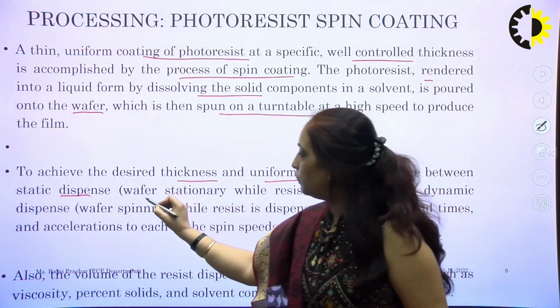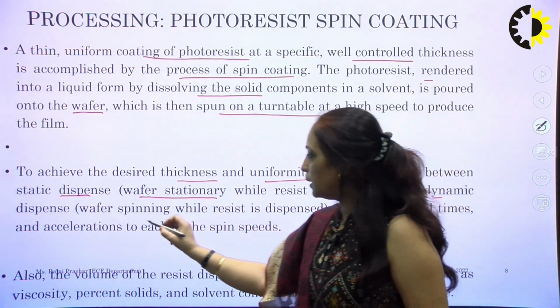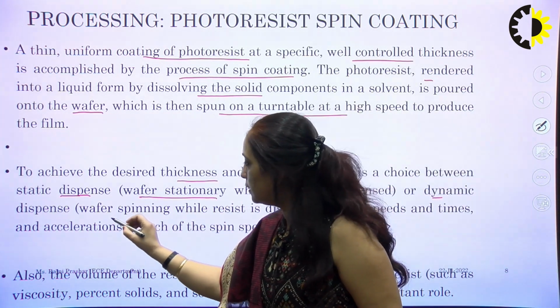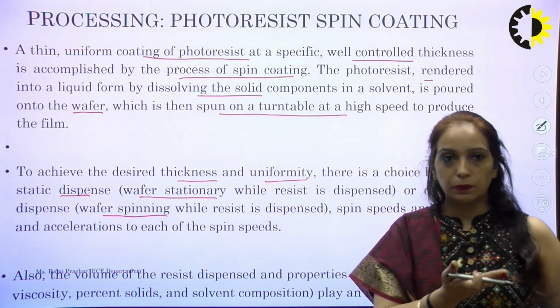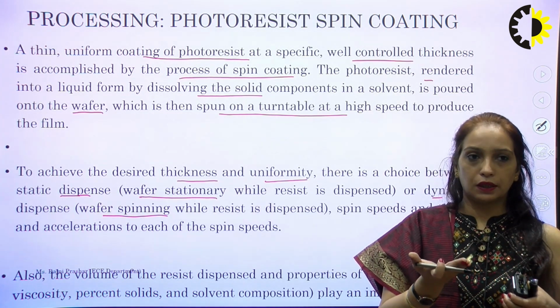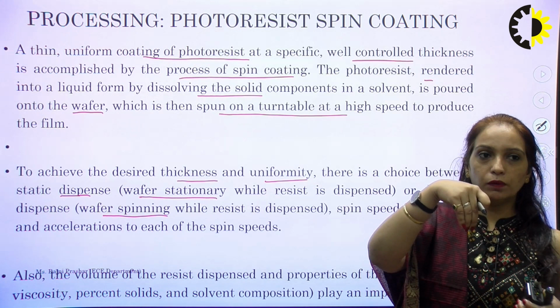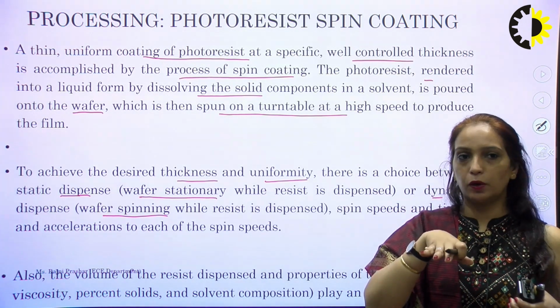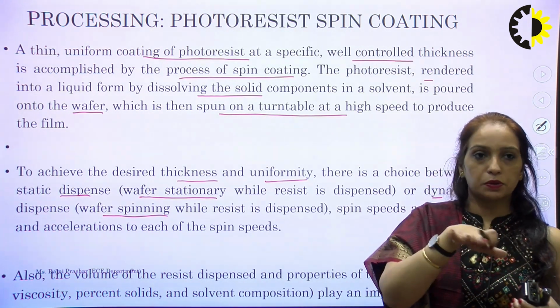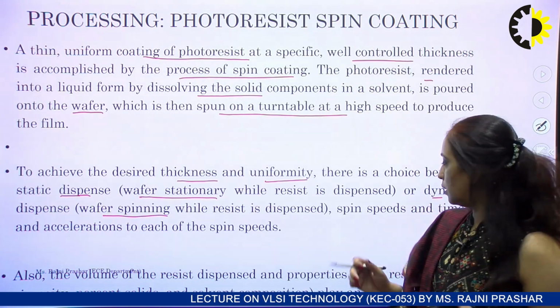But in case of dynamic dispense, the wafer will be continuously spinning on the turntable, and the resist spreads all over the substrate because your wafer is rotating.